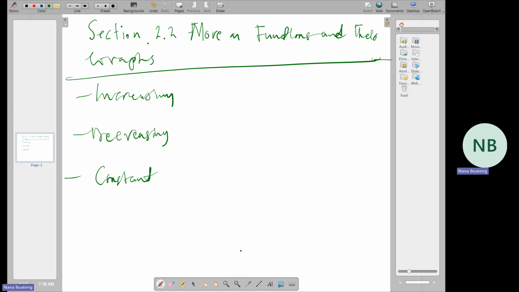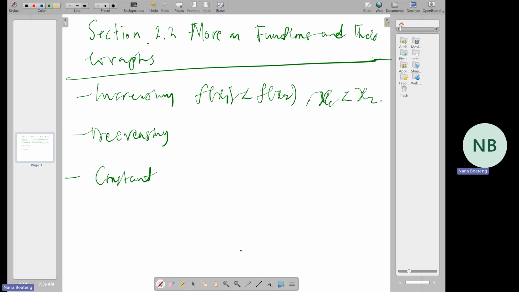All right, so a function is increasing on an open interval I if f of x1 is less than f of x2 whenever x1 is less than x2.